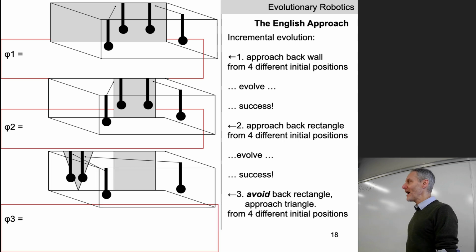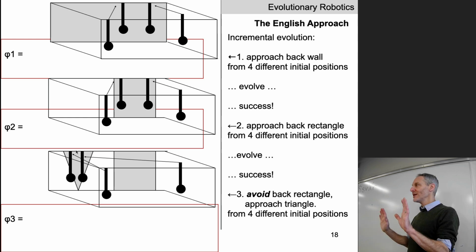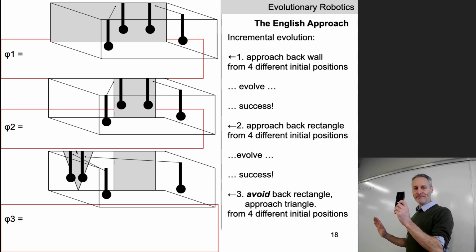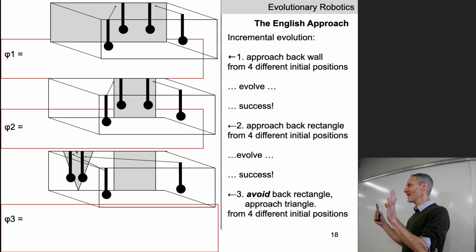In the third and final phase of the evolutionary process, they swap in a third fitness function, which is underneath the table at the back. They either place a black rectangle back left and a black rectangle back right, or the black rectangle back left and black right, and the black rectangle, black triangle back left. Did I get that right?